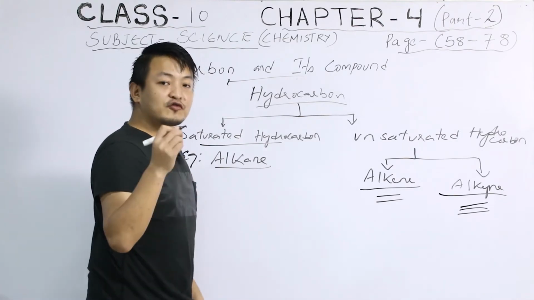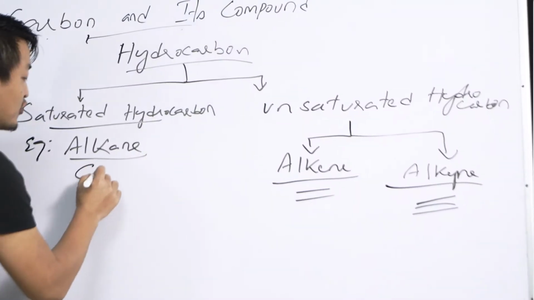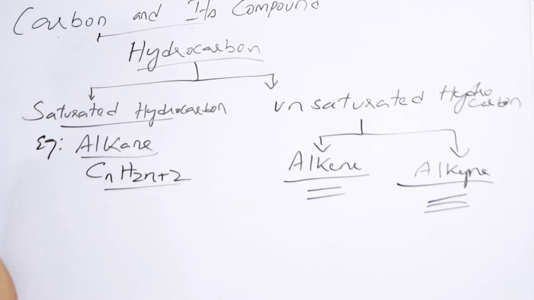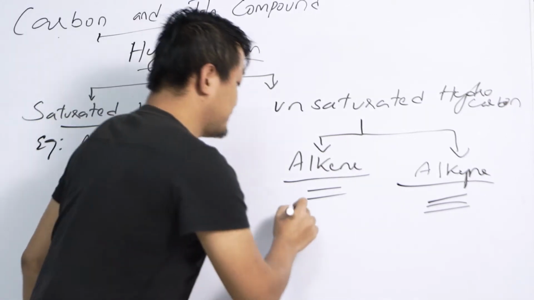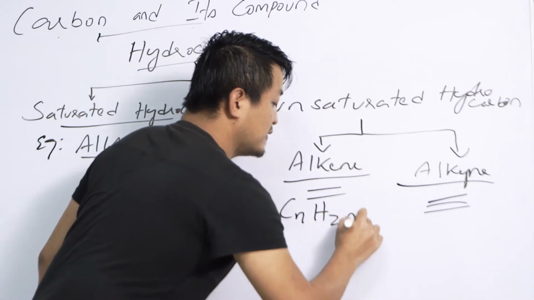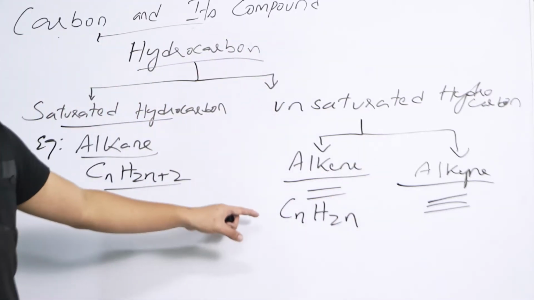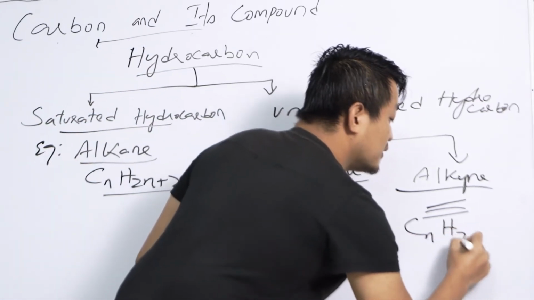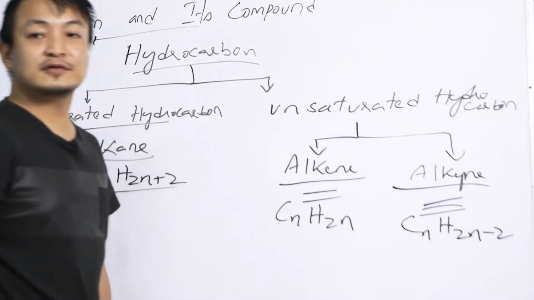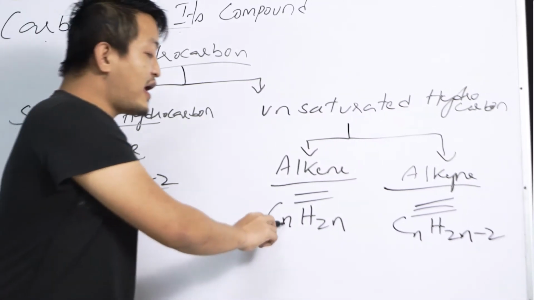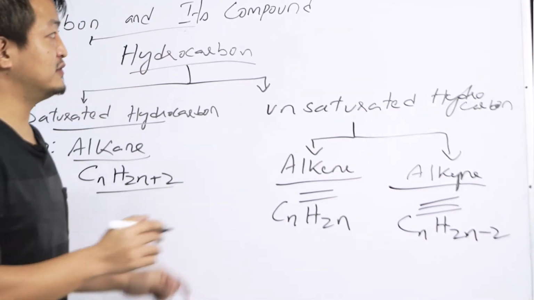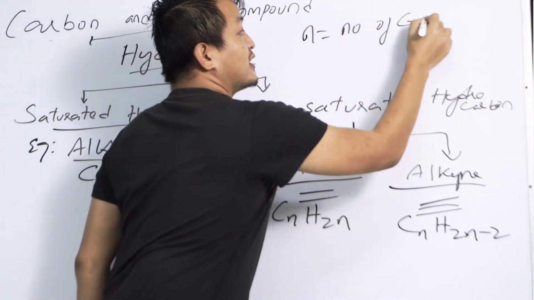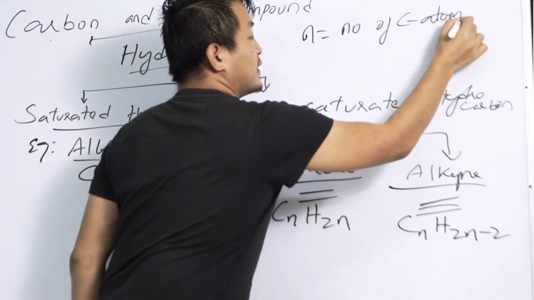And let's recall the formulas. This was the formula for alkane, this is the formula for alkene, and for alkyne it is CnH2n-2. Here n means the number of carbon atoms.